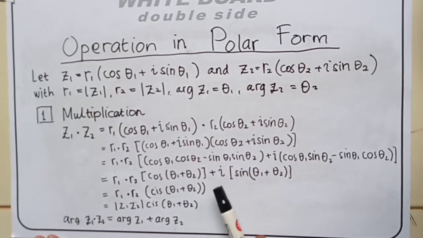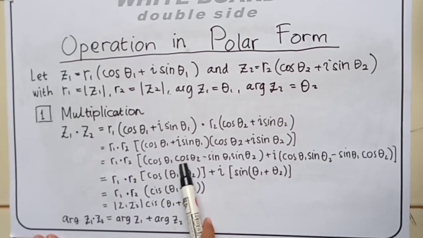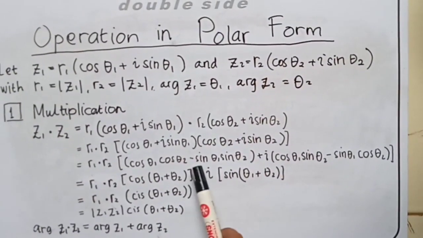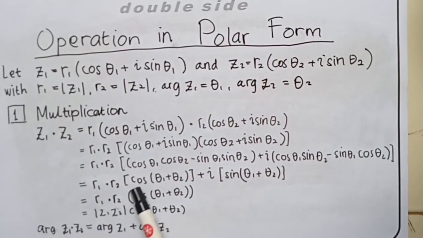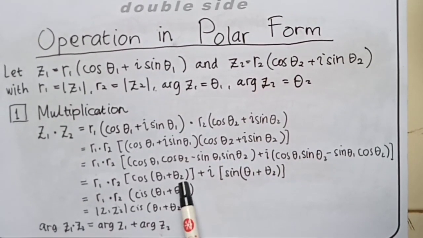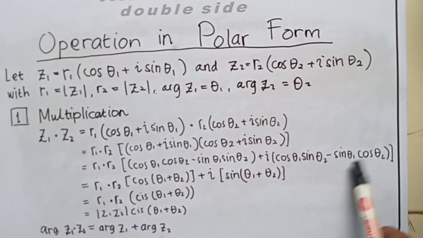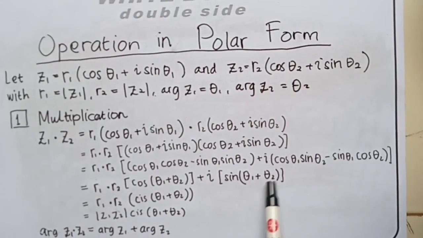According to the properties of addition in trigonometry, cos theta 1 cos theta 2 minus sin theta 1 sin theta 2 equals cos(theta 1 plus theta 2), and the imaginary part equals sin(theta 1 plus theta 2).